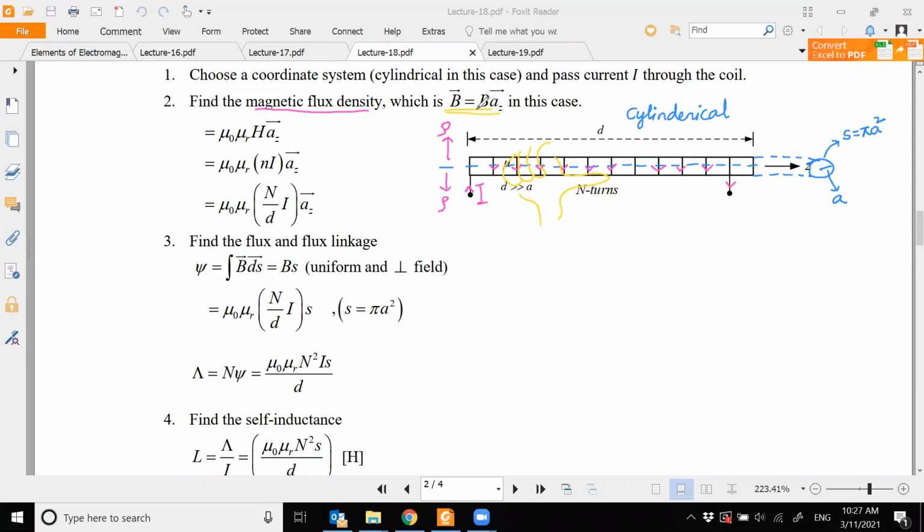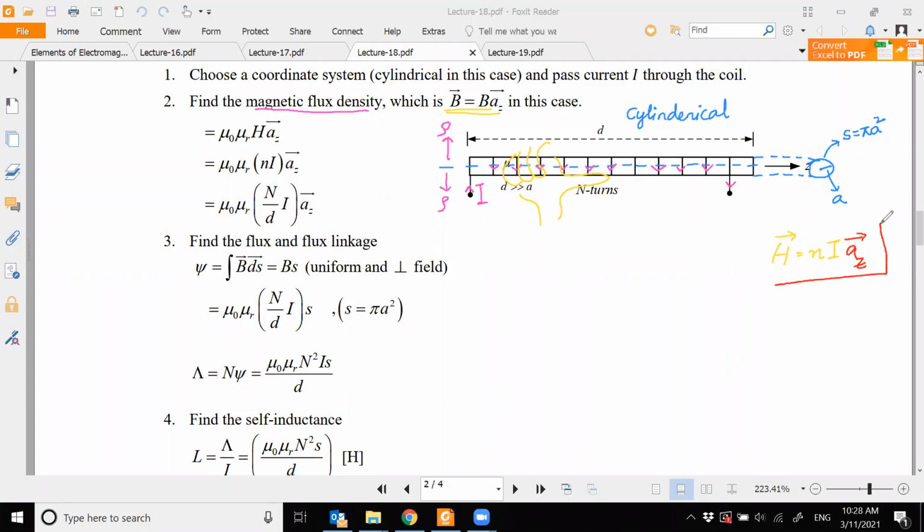Now I only need to find B, and we have already done it. Just to recall, we got H as Ni times az.